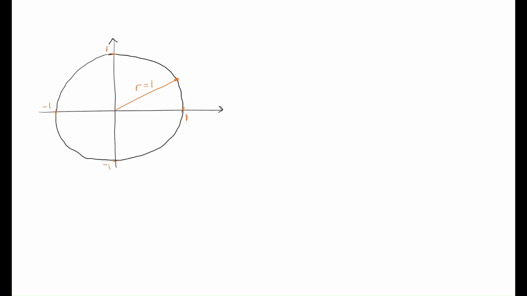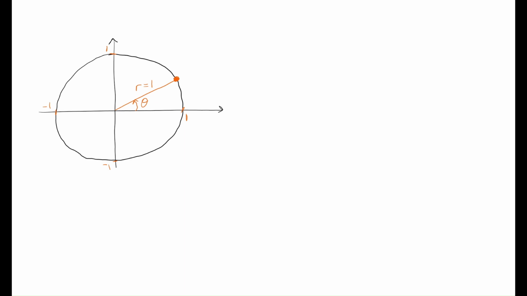Okay, why is this relevant? If I look at this line that I've drawn, that orange radius, and I want to think about the x, y coordinates of this point here on the circle, the point where the radius touches the edge of the circle, I can define the angle here as theta.